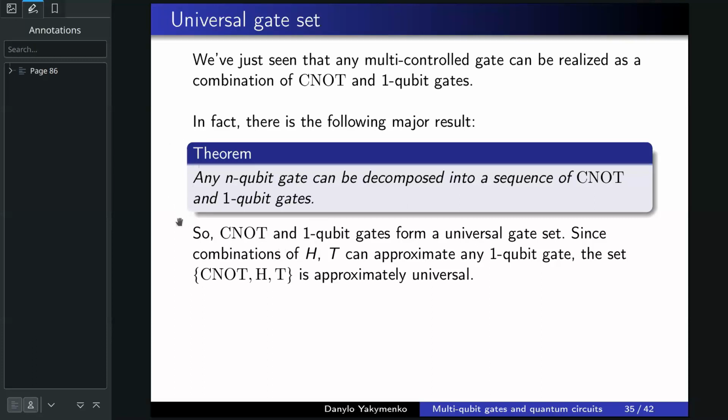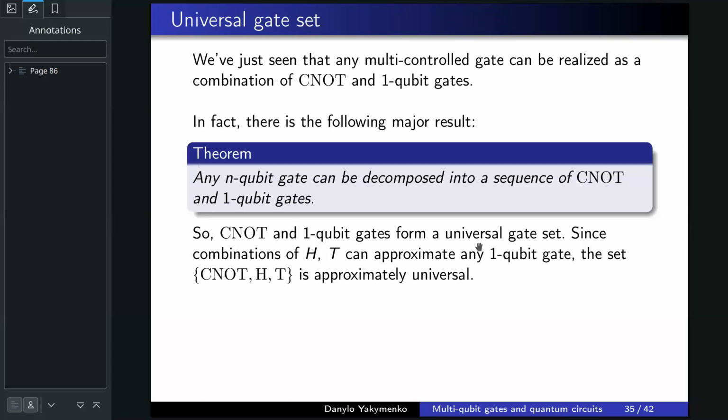It means that in practice, we only need to realize in hardware this type of gates to simulate any other gate. So it is a very useful mathematical result.